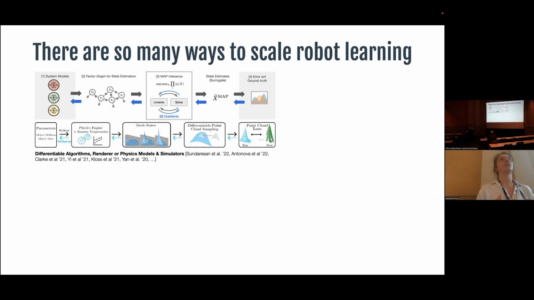So one particular way we worked on in the lab on trying to scale robot learning is by using basically priors or structural priors: algorithms, physics models, simulators, renderers, and basically making the underlying physical process of these algorithms or models differentiable, and plugging them in together with the learning method to maybe learn certain parts of a perception pipeline, in particular online.